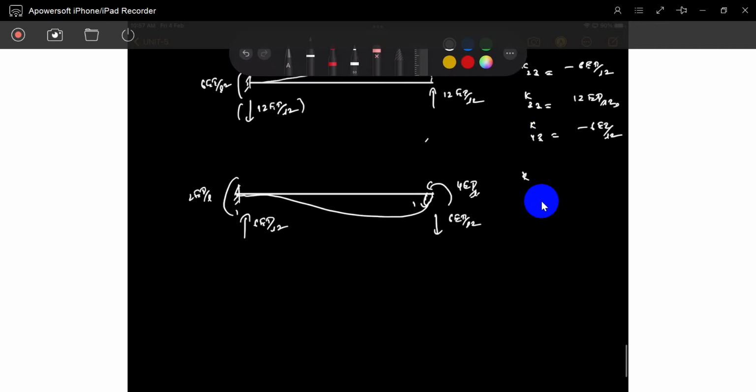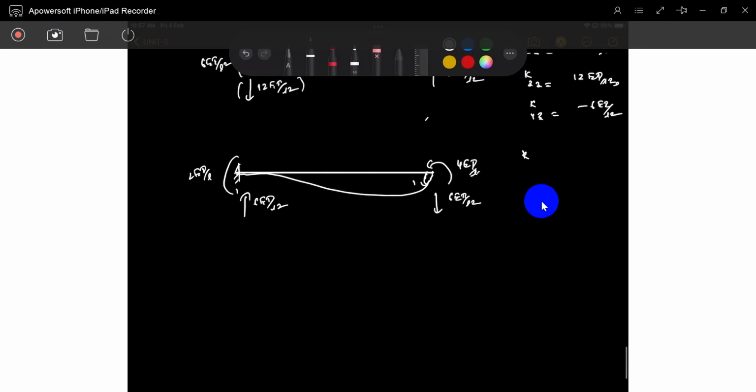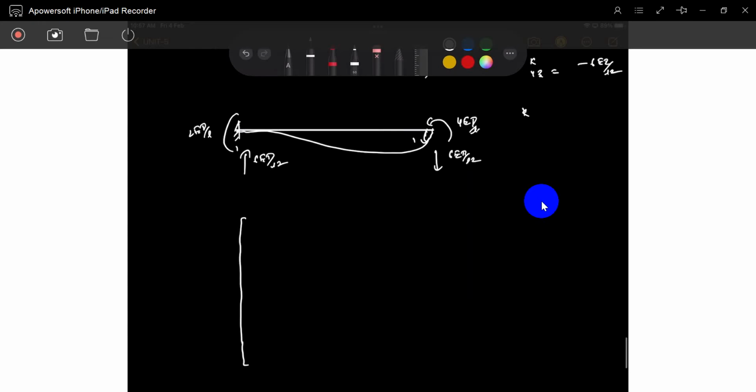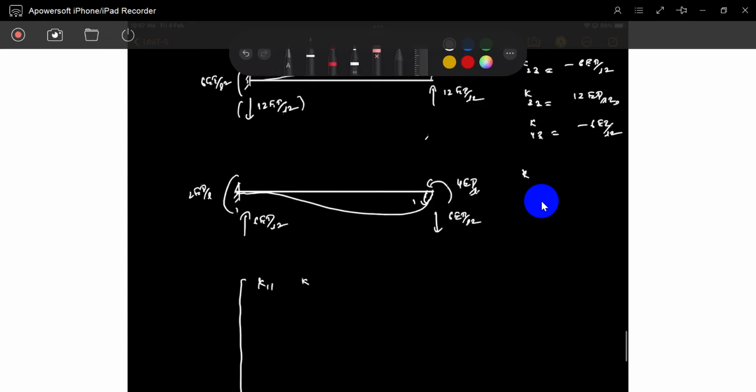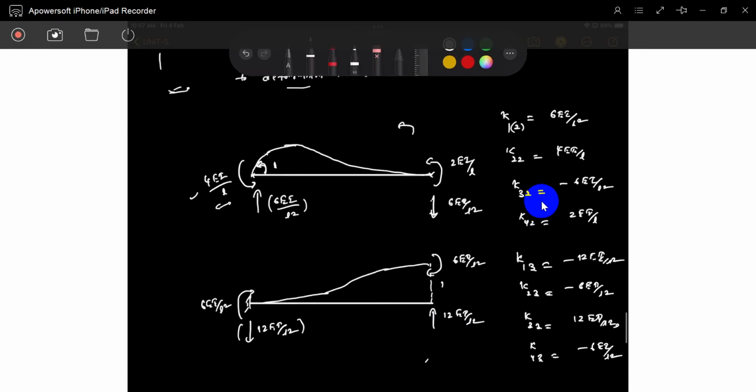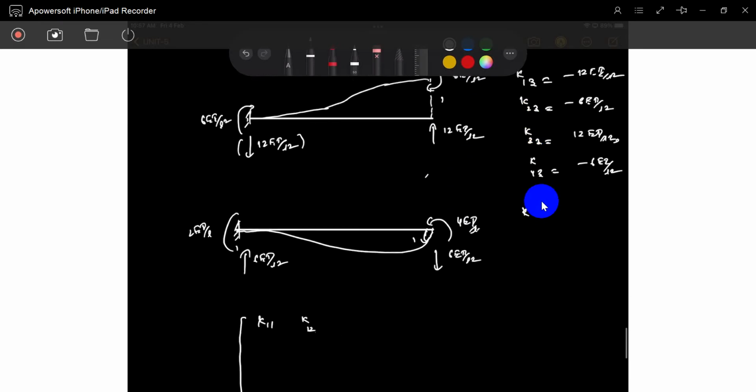So now if you see, what is the stiffness matrix of that element? Stiffness matrix of that element, see. K11, K12, K13, K14.